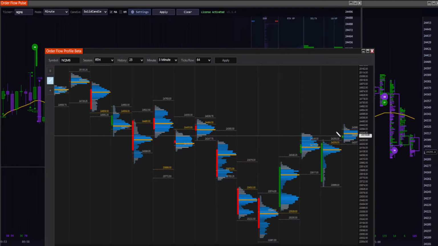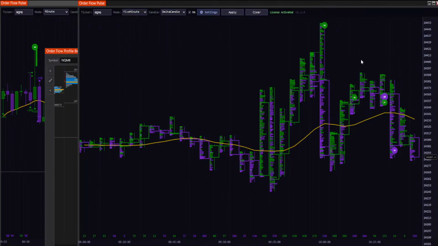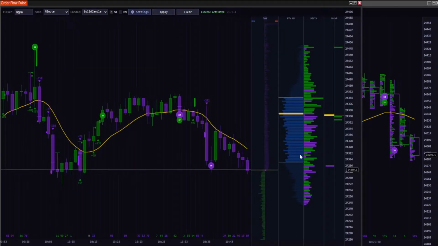If you look at this right here, that 24,206, 24,207, that area right there, on the 5-minute we've got something forming. We've got an inside bar on a 5-minute with a big wick.